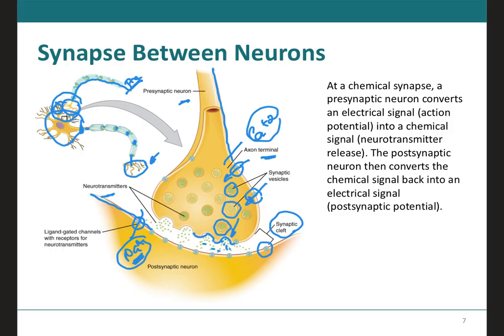If enough sodium comes in on this postsynaptic neuron, it will reach the trigger zone right over here, and then it will cause the depolarization of the next neuron, the postsynaptic neuron. So this is how the synapse occurs.